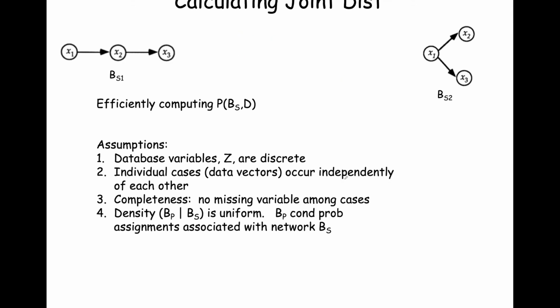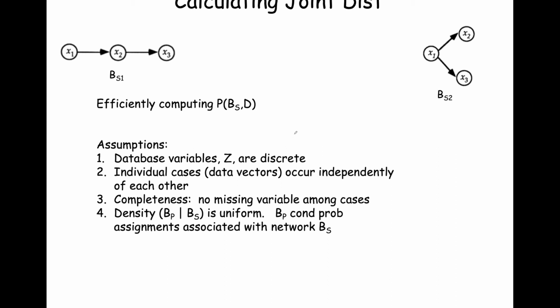All right. And so how do we efficiently compute this score that'll tell us which Bayesian network structure is most appropriate for the ground truth underlying relationships, causal relationships between the variables that are given? And so you assume that the variables in your variable set are discrete.